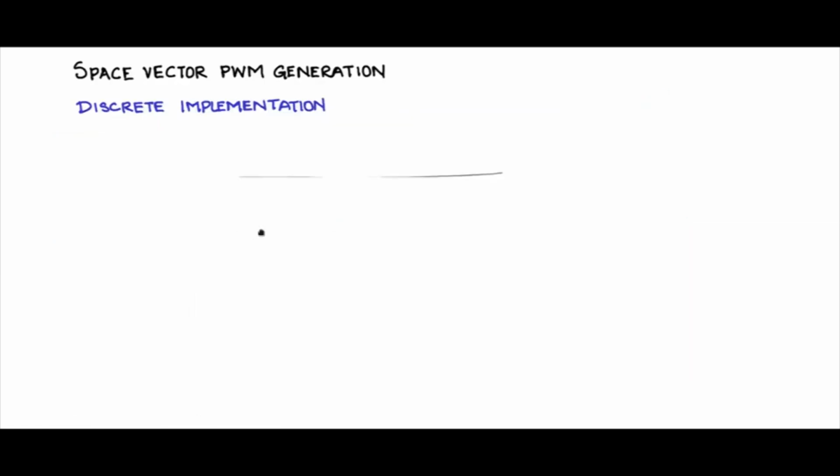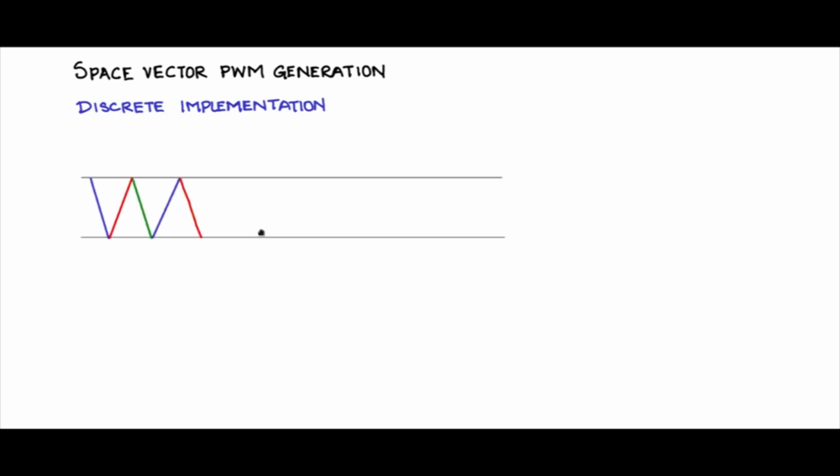Let us now generate the three-phase reference signals: VA star, VB star, VC star, and I will try to do it in this way, simple. So now you have VA star, VB star, and VC star.